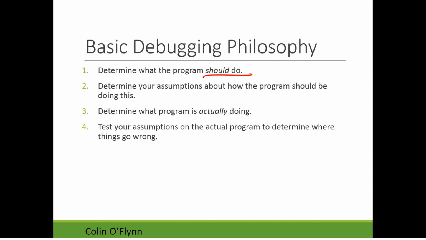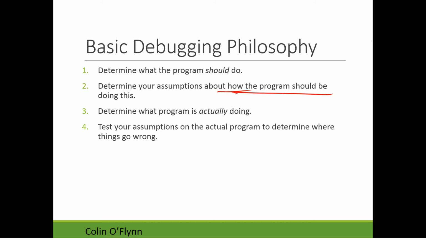You want to have a very good idea of what the program should be doing, and what the value of your code should be. As part of this, you're going to determine the assumptions about how the program should be doing this. That means stuff like the microcontroller is interfacing to the timer circuit on the microcontroller, and I'm assuming that it is running an interrupt every 100 hertz or something.